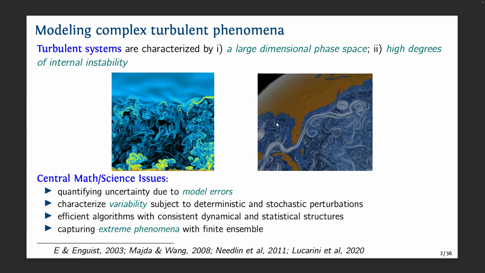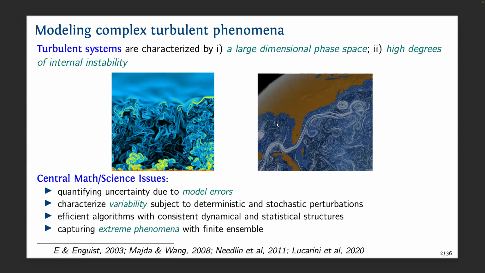So first of all, how can we quantify the uncertainty in such a system and characterize the model errors? And more importantly, how can we propose some accurate and efficient computational methods to do both deterministic and statistical forecast?